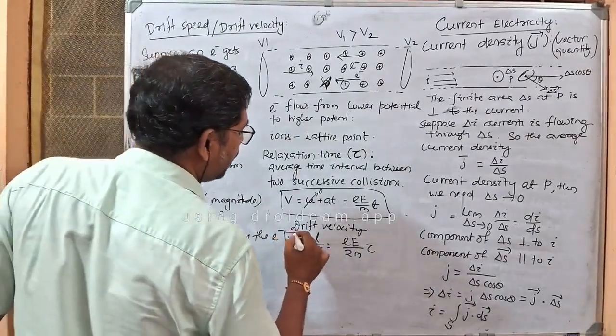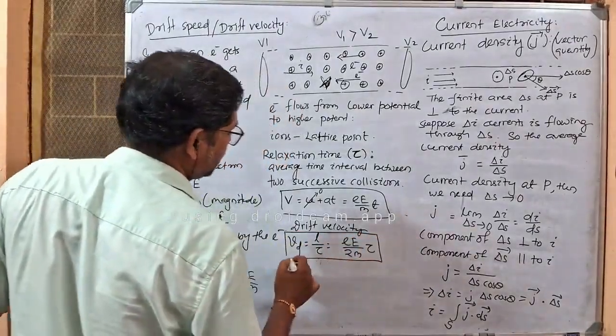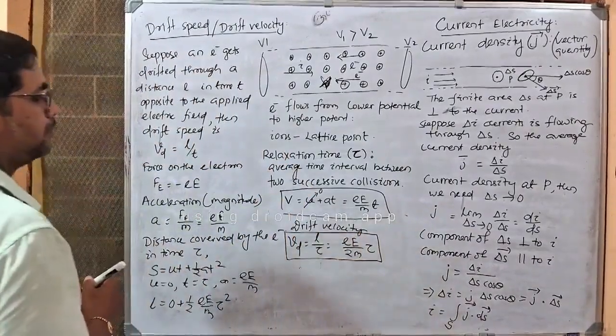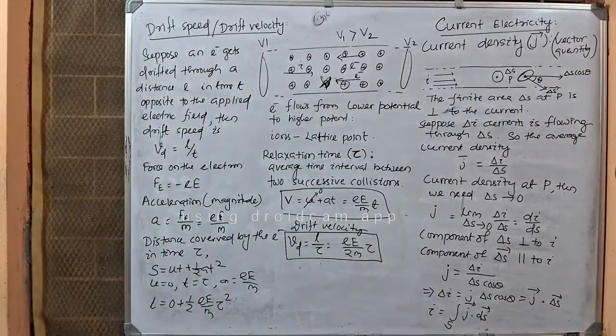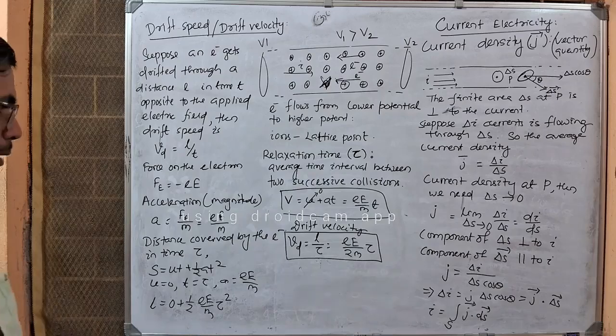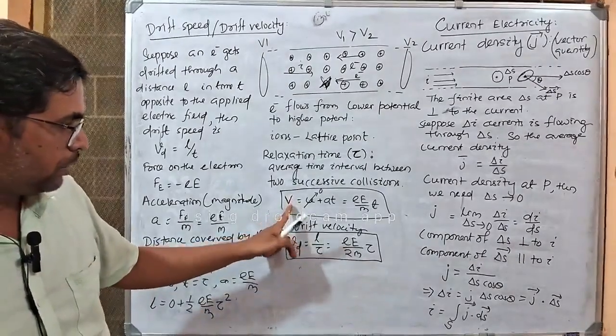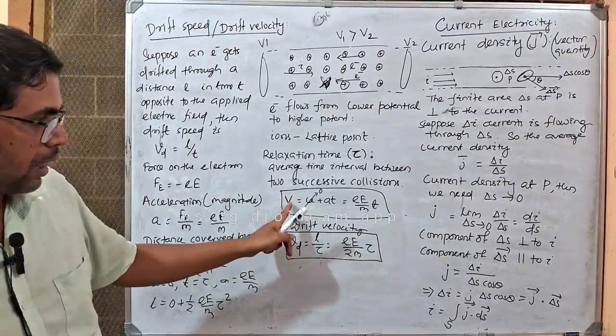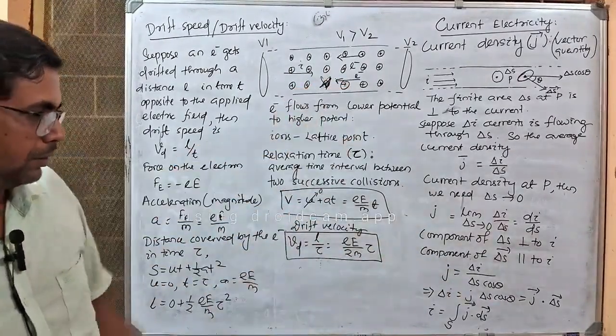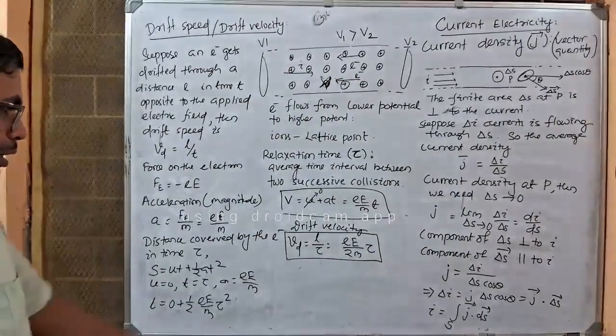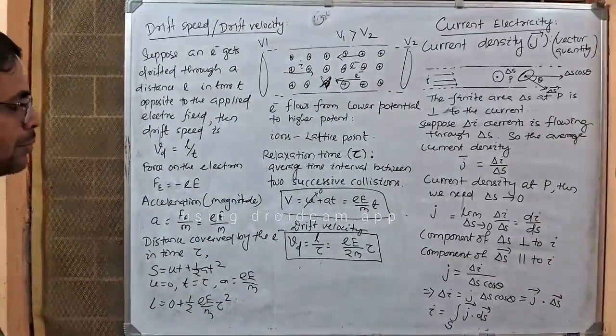I will insist you write this expression. If I calculate, this should be the maximum drift velocity, but this is the average drift velocity.